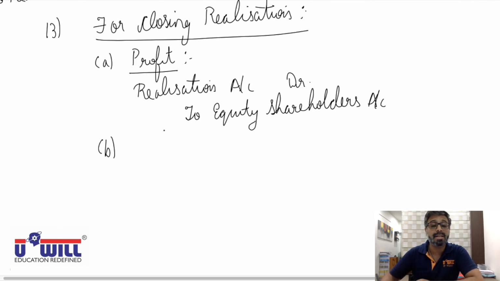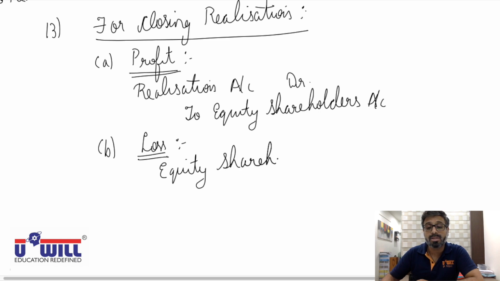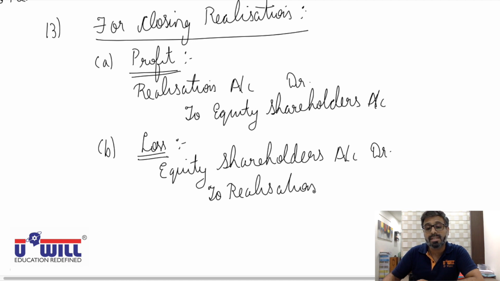12 entries are basically to be remembered. Alternatively, if there is a loss, then the realization account will have a debit balance. To close it, we will reverse and credit, and equity shareholders will finally bear that loss. So equity shareholders account debit, and the realization account with a debit balance of loss will be closed and credited. So either you will have profit or you will have loss.